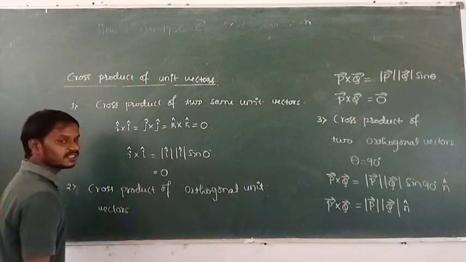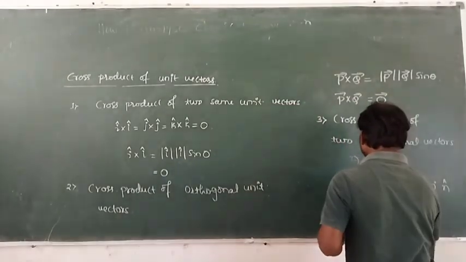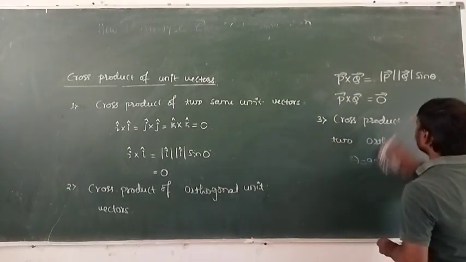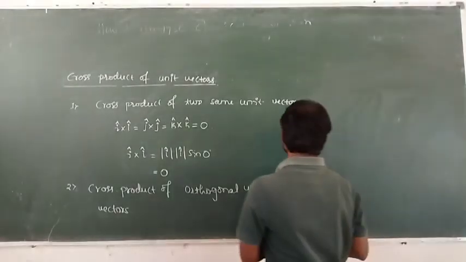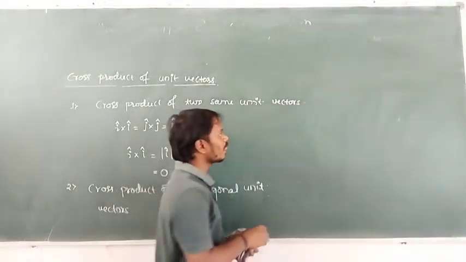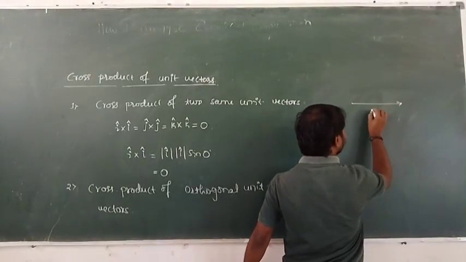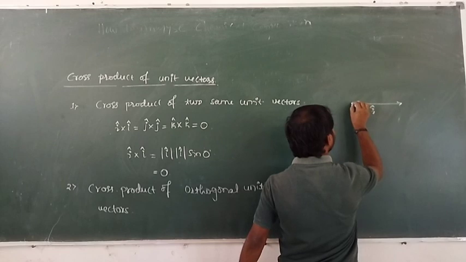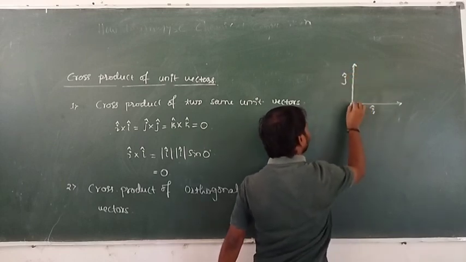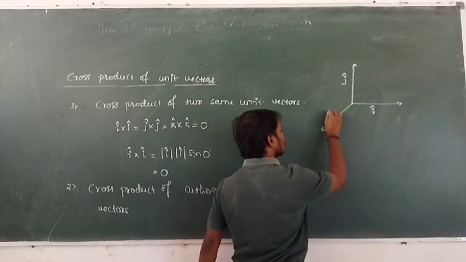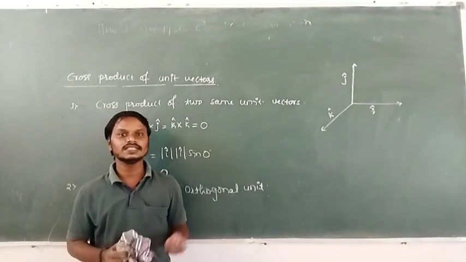These are the vectors which are mutually perpendicular to each other. So let us consider the unit vector taken along the x-axis, that is I cap, unit vector taken along the y-axis, that is j cap, and unit vector taken along the z-axis, that is k cap. And all unit vectors are mutually perpendicular to each other.